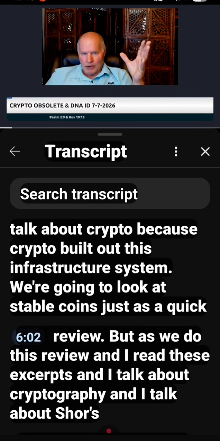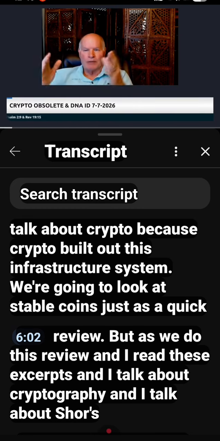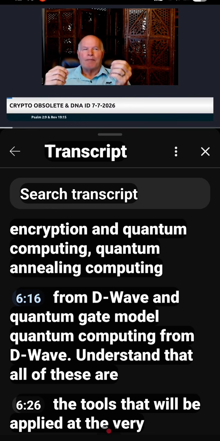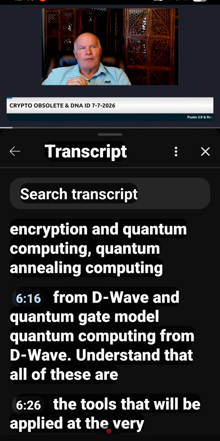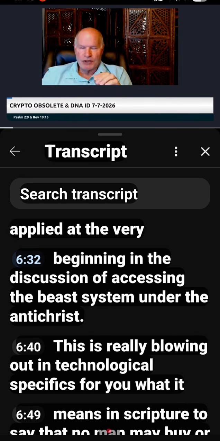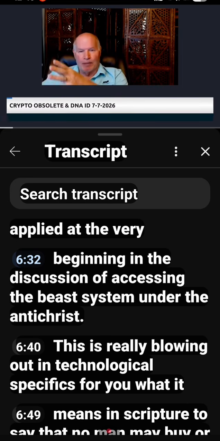But as we do this review and I read these excerpts and I talk about cryptography and I talk about Shor's algorithm and RSA encryption and quantum computing, quantum annealing computing from D-Wave and quantum gate model quantum computing from D-Wave, understand that all of these are the tools that will be applied at the very beginning in the discussion of accessing the beast system under the Antichrist.